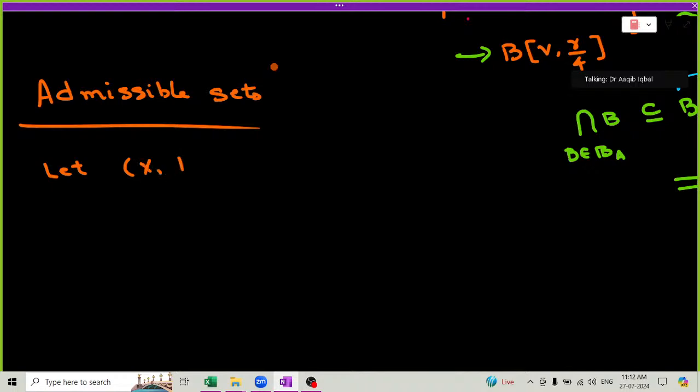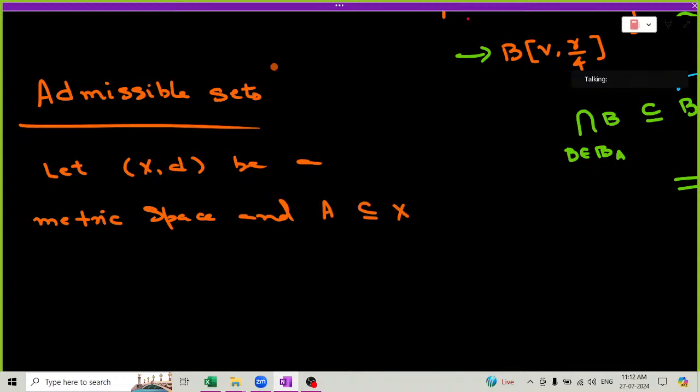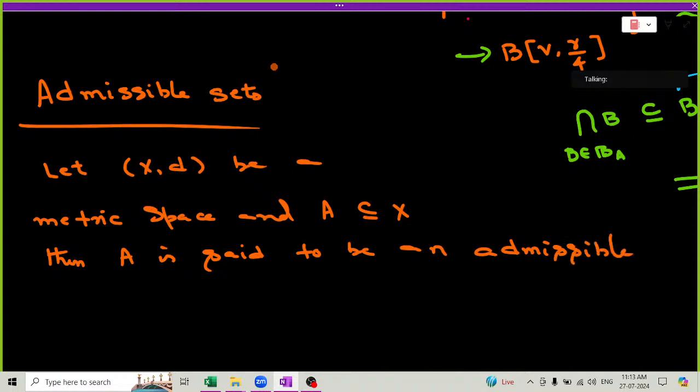Let X, d be a metric space and A be a subset of X, then this A is said to be an admissible set, इसके लिए बस एक simple सा requirement है, if and only if A is equal to its cover. ठीक है, so this is the admissibility definition.